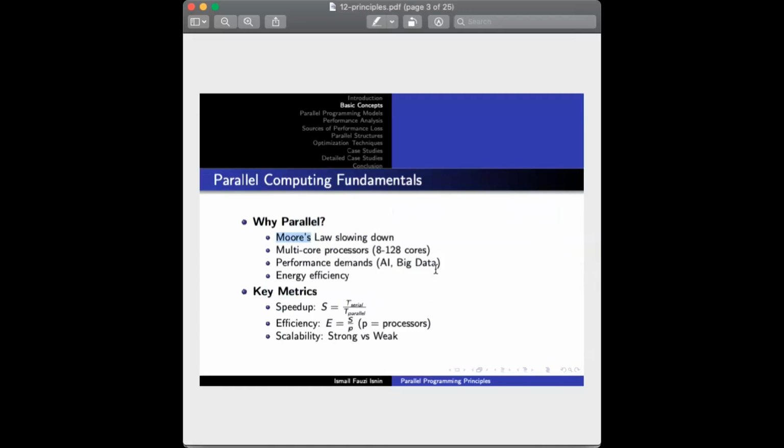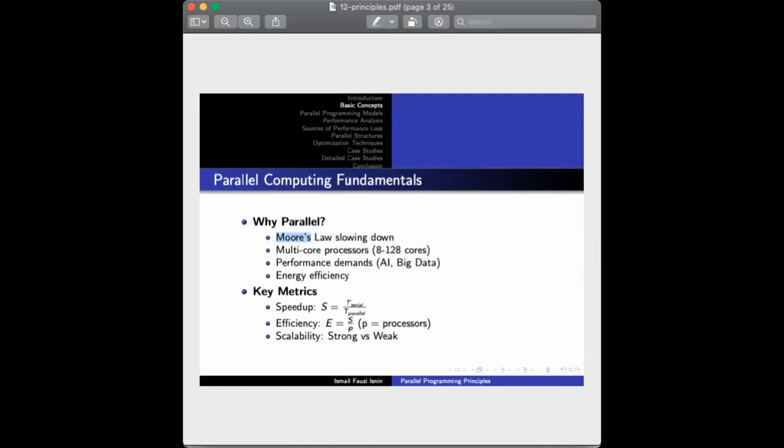Furthermore, running multiple cores at lower frequency delivers much better energy efficiency than pushing a single core to its physical limits. So that's why we need this kind of parallel computing.